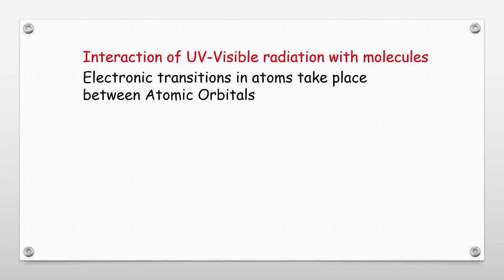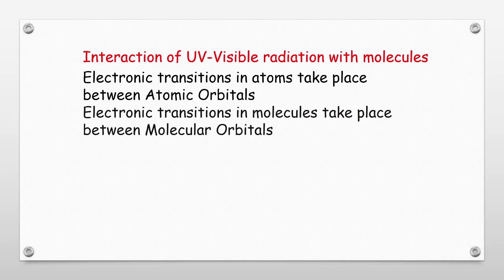When atoms combine to form a molecule, there are no longer atomic orbitals present in the molecule. The atomic orbitals combine to form molecular orbitals.